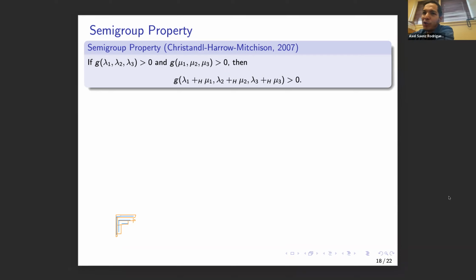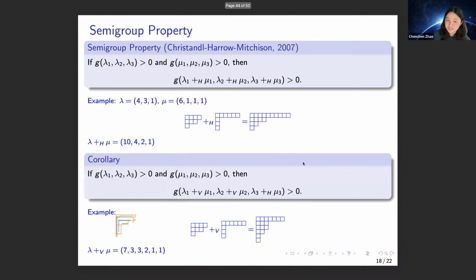I had one more question about this semigroup property. So you have two types of properties, with the horizontal addition and the horizontal and vertical addition. Has anyone looked at other types of addition? In particular, I have in mind adding strips instead of just doing horizontal, vertical. What do you mean by adding strips? In the most basic case, say you have a shape and I just want to add one rectangle to one of the corners.